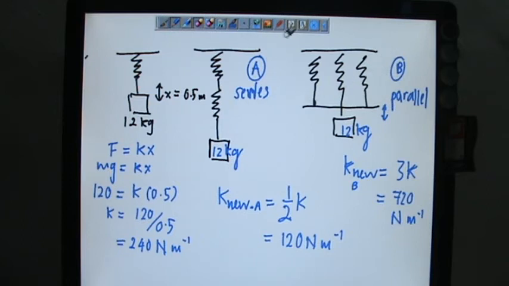So the example calculation will be, if you look at situation A, we have a new K of 120 Newton per meter. I'm interested to find out the extension.